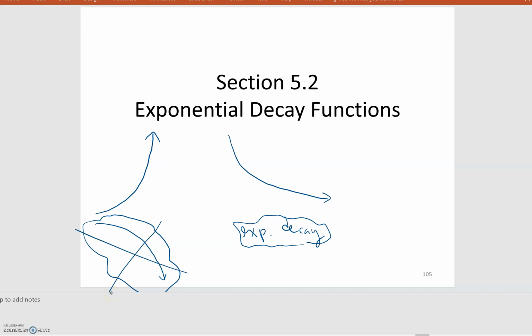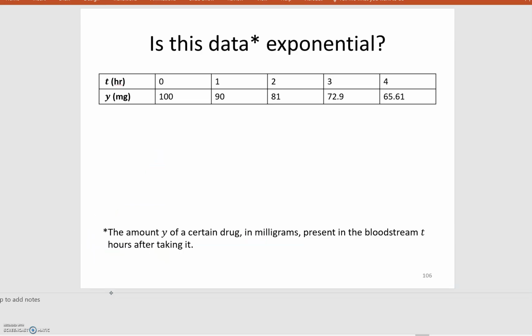Okay, all right. So let's look at a set of data. This data is modeling the amount of a drug in milligrams present in the bloodstream after it's been ingested. And so we've got 0, 1, 2, 3, 4, 5 data points, and then the associated milligrams for each.